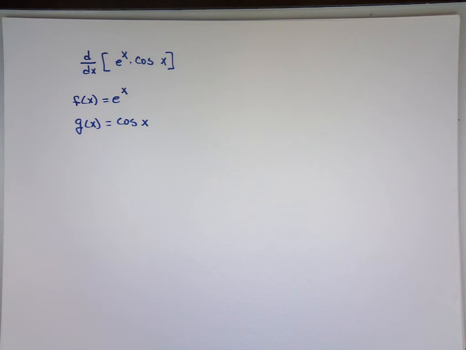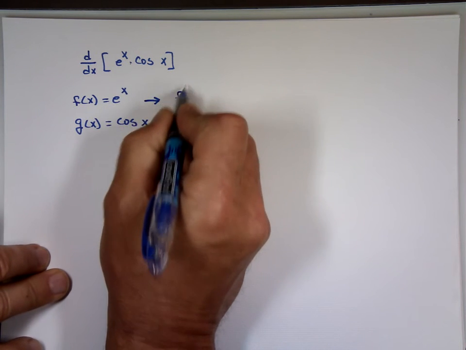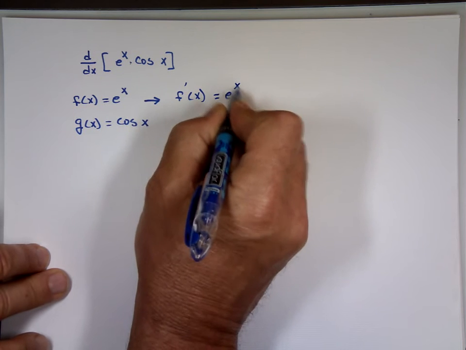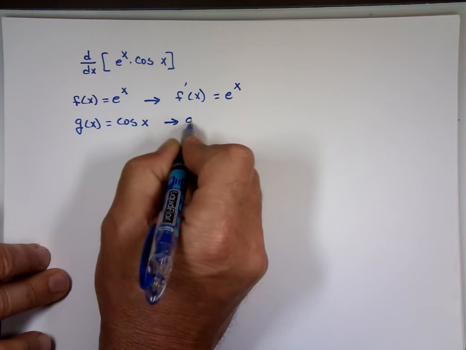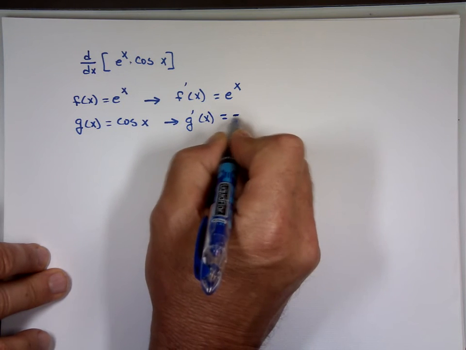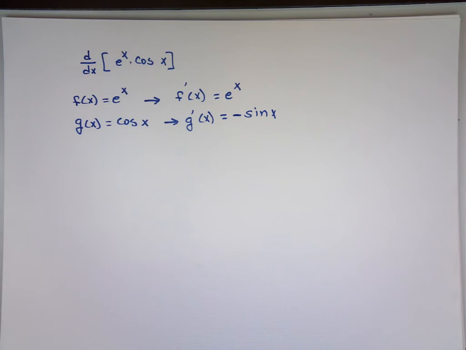Let me take the derivative of them. What's the derivative of f of x? e to the x. What's the derivative of g of x? Negative sine of x. So notice I try to find all four pieces before I go to the equation. I don't want to stop and take the derivative and go back and stop again.